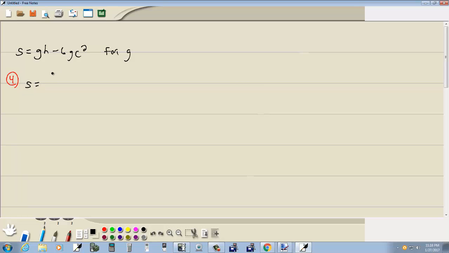Step 4, if possible, factor out the variable you're solving for. We're solving for G, and I said it's possible if you have 2 or more of that variable. Notice how we have 2 G's here. So I'll factor out a G, and that gives us H minus 6C squared. And then step 5, divide both sides by what's in front of or behind the variable you're solving for. Nothing in front of it, but there's an H minus 6C squared after it, so I divide both sides by that.